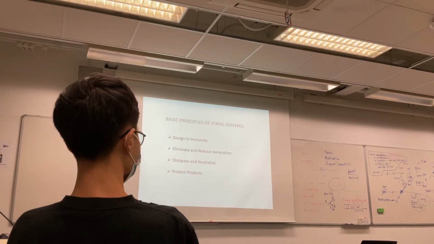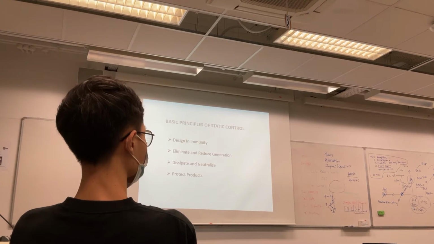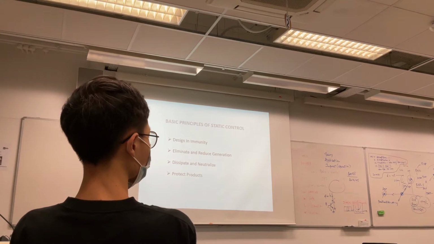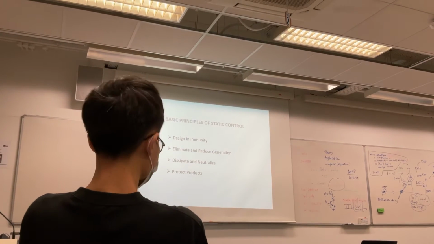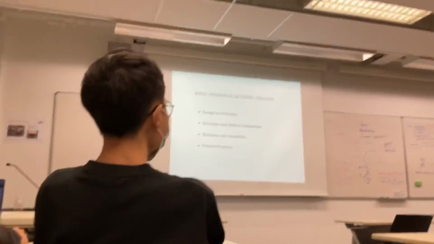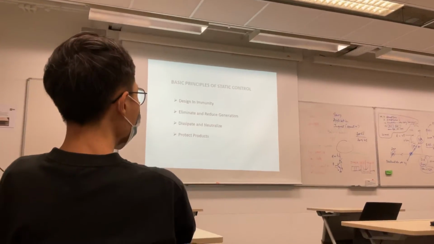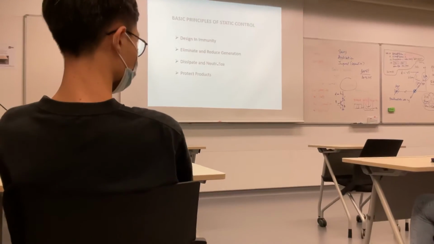So to design immunity, you have to understand the triboelectric chart, static-generating or conductive. Eliminate means, for example, your working bench today is a conductive surface. This is to reduce and eliminate, to prevent it from generating at all.